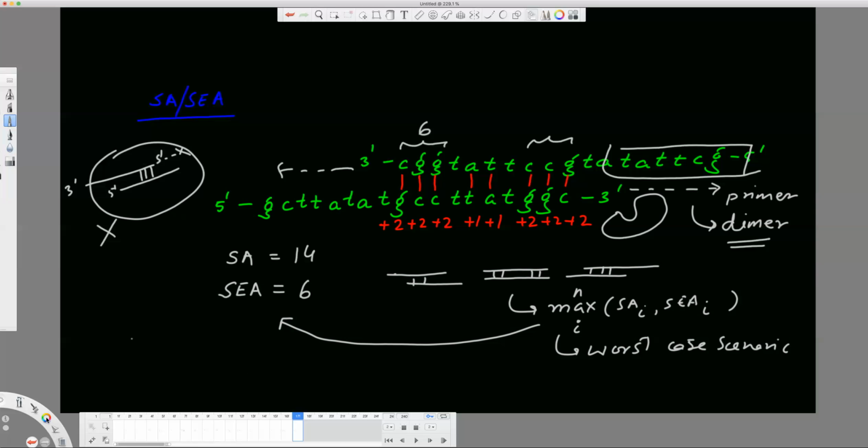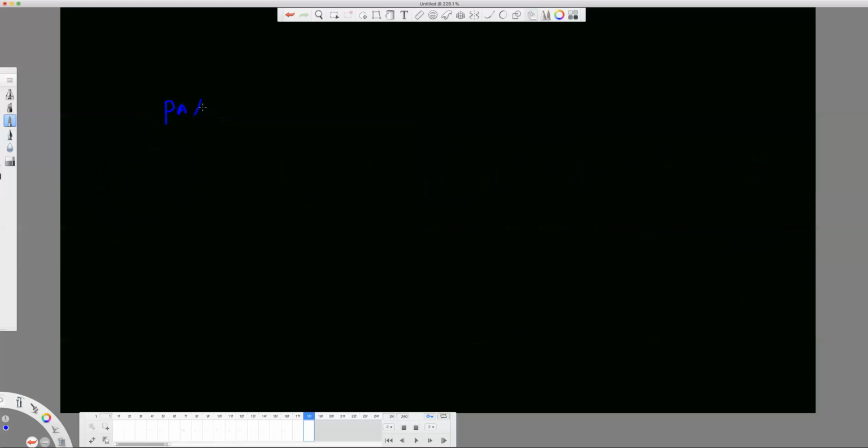Now you can extrapolate the same thing to PA and PEA. In PA and PEA, the only difference is that one of the primers would be your forward primer, and the other primer is different, the reverse primer, but they can still have some complementarity, right?